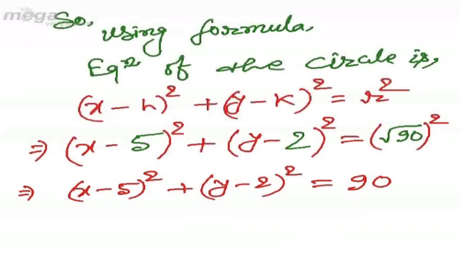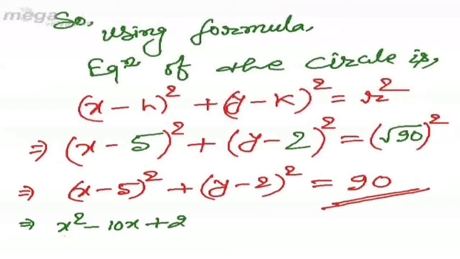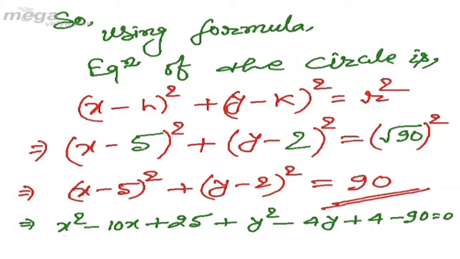You can leave your answer at this stage as a final answer, or you can expand it. After expansion, what will you get? See, it is (x minus 5) whole square, so we can expand it: x square minus 10x plus 25 plus y square minus 4y plus 4, and this 90 we can bring to the left side so that it becomes minus 90 equal to 0.